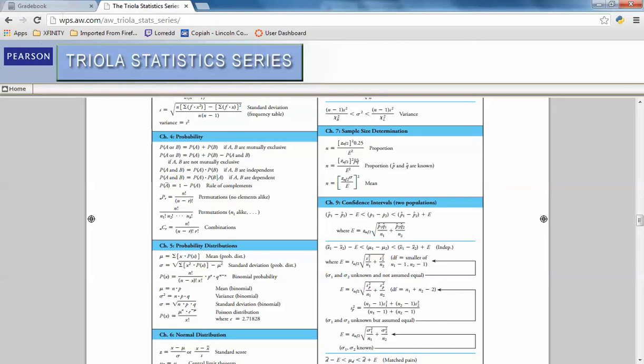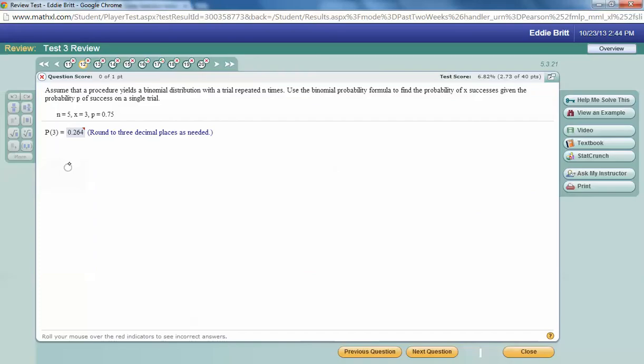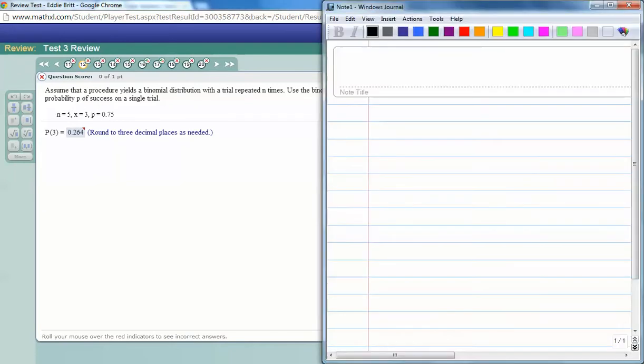Alright, so let's go back to our problem. We're given that n equals 5, x equals 3, and p equals 0.75. So we want to use that formula.